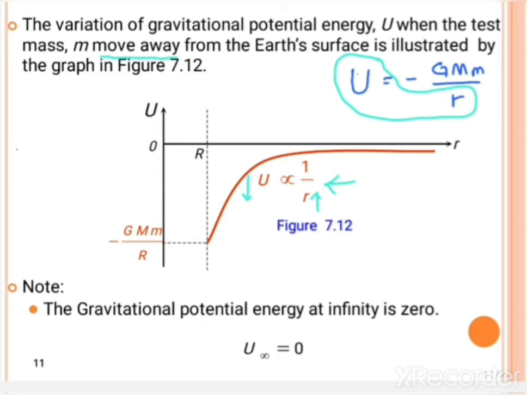From this graph, if R increases, the value of U approaches 0. And the gravitational potential energy at infinity is 0.